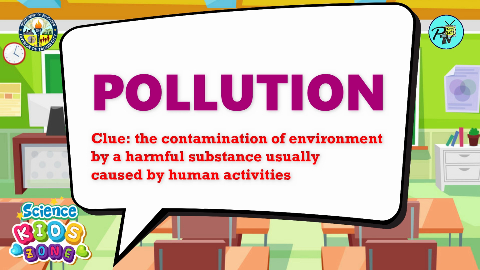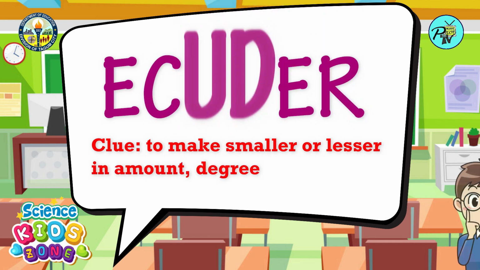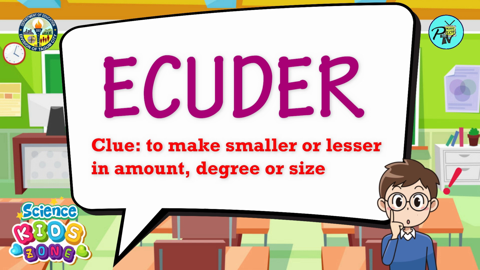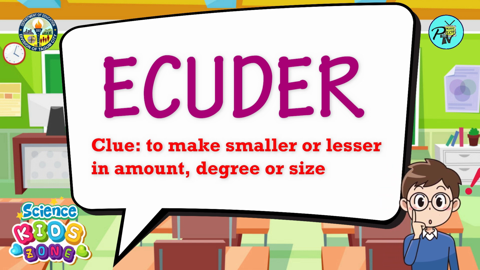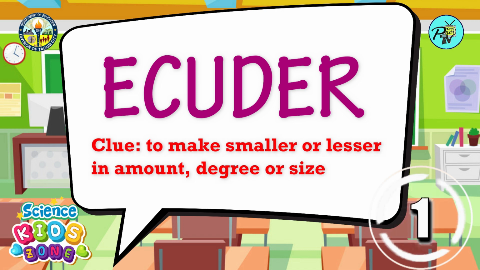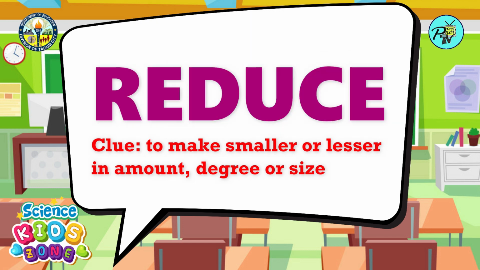Pollution. And the last word is to make smaller or lesser in amount, degree or size. What is the jumbled word? Jumbled word is reduce.